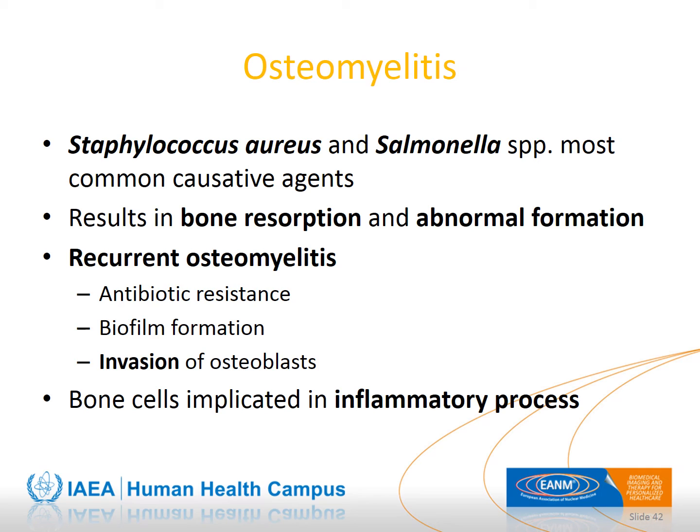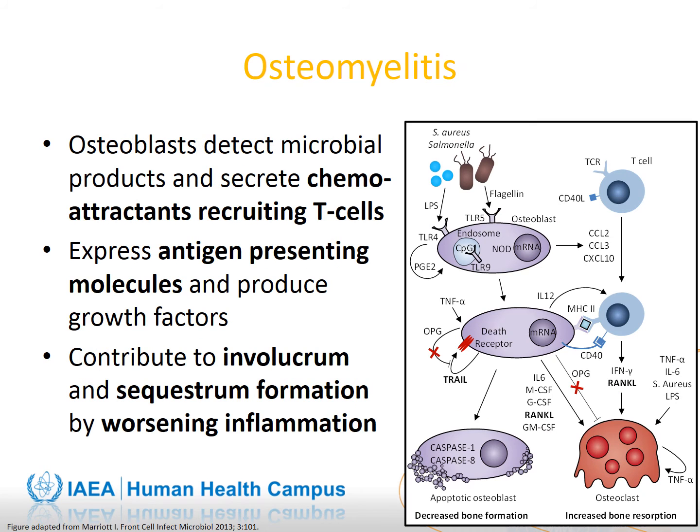There is also evidence that bone cells are implicated in the inflammatory process, as we will see on the next slide. The underlying mechanism is summarized in the figure on the right. In brief, osteoblasts express toll-like receptors that can bind microbial products such as lipopolysaccharide endotoxin and flagellin.